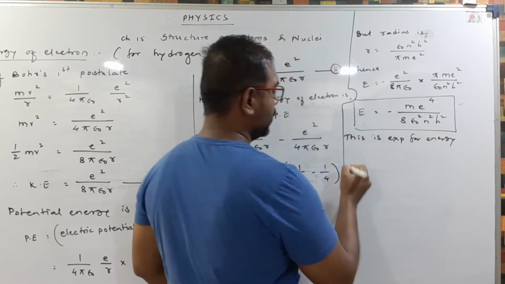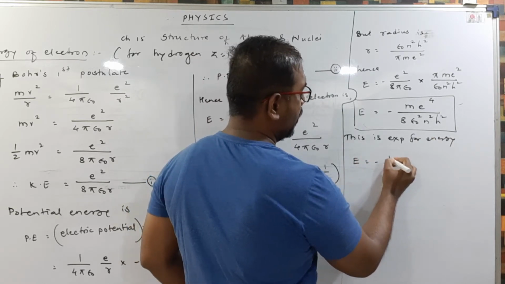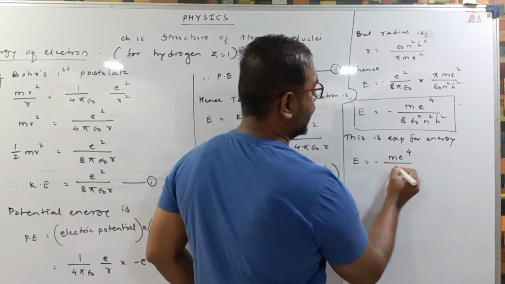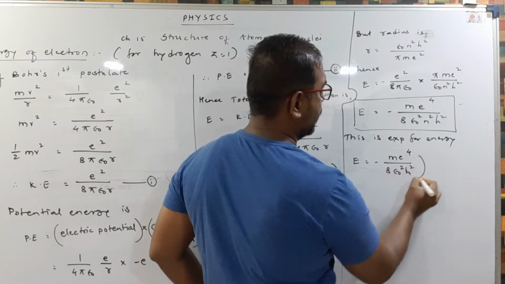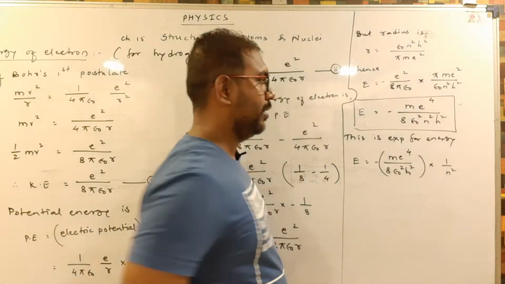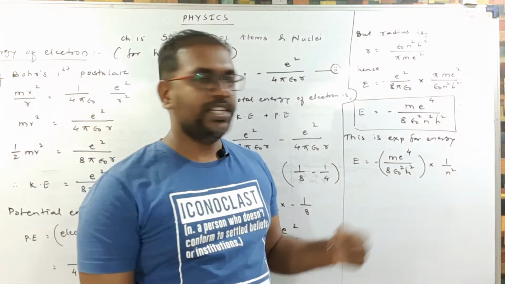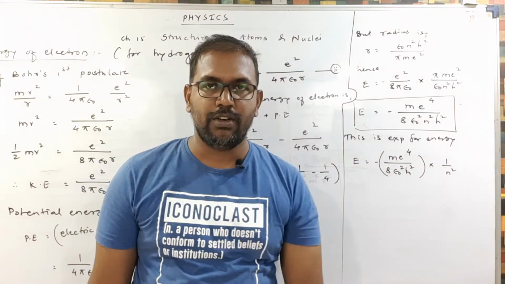Then after that, I can write the same formula: E is equal to minus m e raised to 4 divided by 8 epsilon 0 square h square, and then 1 by n square I am writing here. I wrote all the constants in a bracket. m is constant, e is constant, epsilon 0, h, everything is constant.